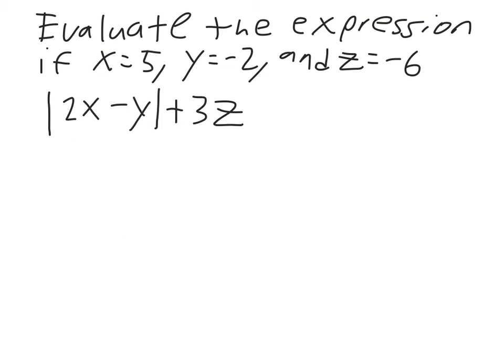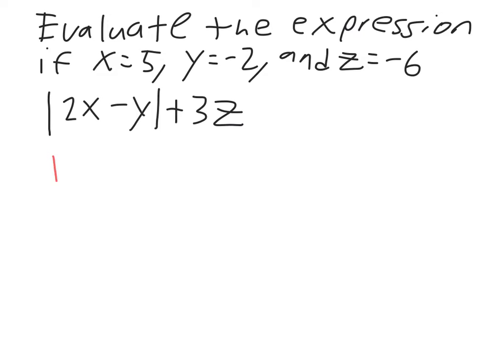Alright, now let's look at this kind of problem. So it wants you to evaluate the expression if x equals 5, y equals negative 2, and z equals negative 6. So what you're going to do is plug in 5 for x, negative 2 for y, and negative 6 for z. Just going to plug those numbers in.